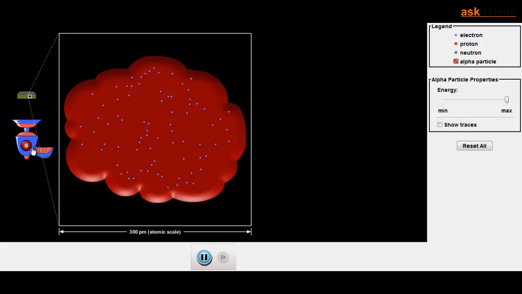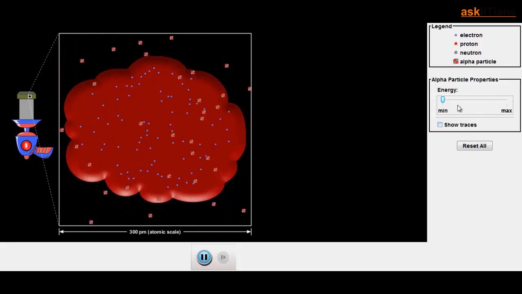Now we will throw particles at it. These are alpha particles, and I have decreased their energy to the minimum, so they are moving very slowly. The scale of the atom which Thomson predicted was around 300 picometer, so the whole distribution of the atom was only 300 picometer, which we came to know is not the correct version.